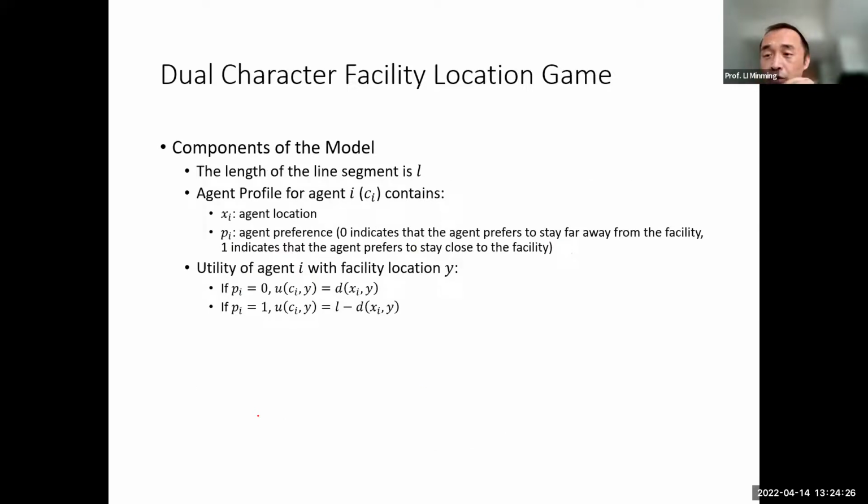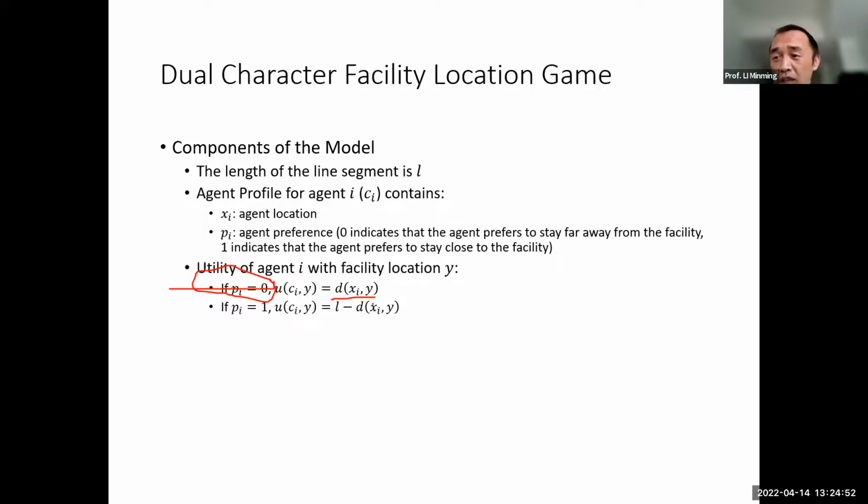Now, how to define cost? The way to define it is the following. We classify people into 2 categories: one does not like it, the other likes it. For the person who does not like it, the utility will be this: the farther away the facility, the better the utility.